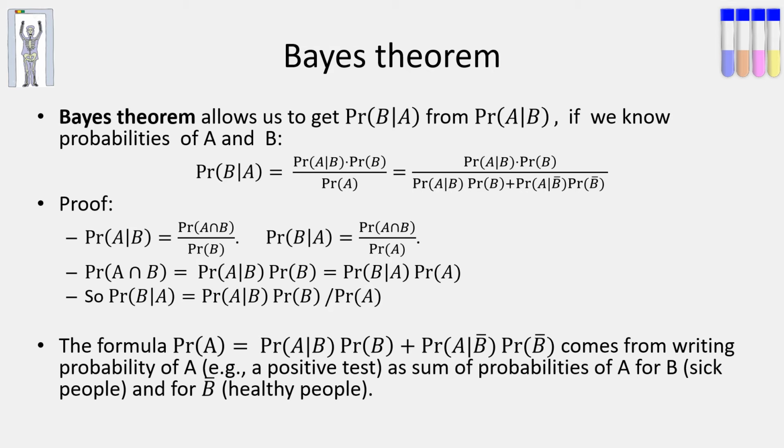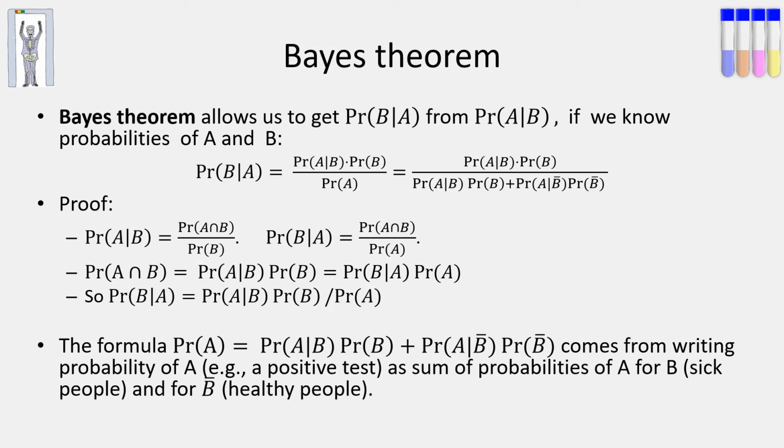And what the Bayes theorem tells us is how we can compute probability of B given A, so the probability that somebody who got a positive test is sick, given other information, in particular probability of A given B, the probability that a sick person gets a positive, plus some other information. And the other information is how often does this disease occur and how often does the test say yes in general on a random person.